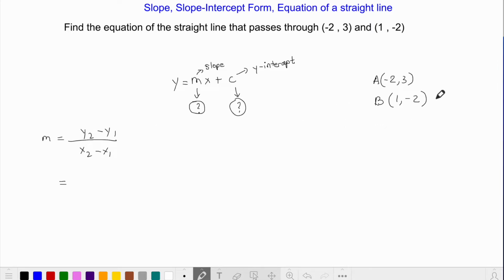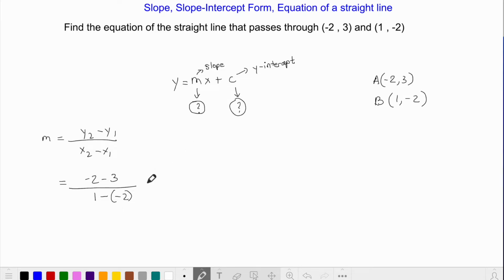So it doesn't matter which point you give x1 and y1 and x2 and y2. For convenience, I will use B as point 2, so I will plug in y2 as -2 minus y1, which is 3, and x2 is 1 minus x1, which is -2. I always prefer to put brackets when we have 2 signs.